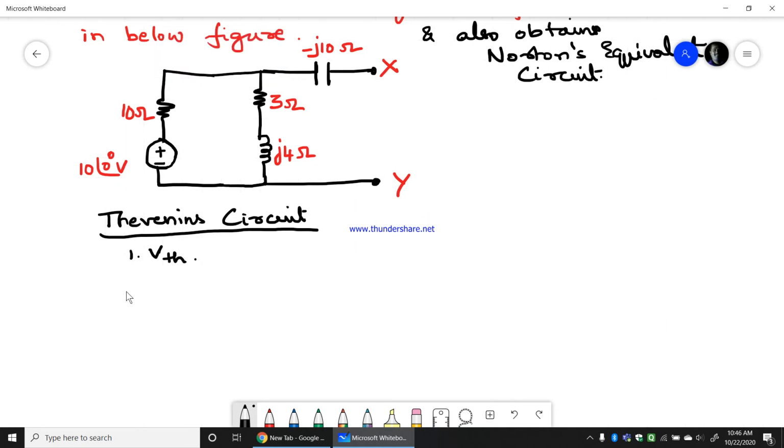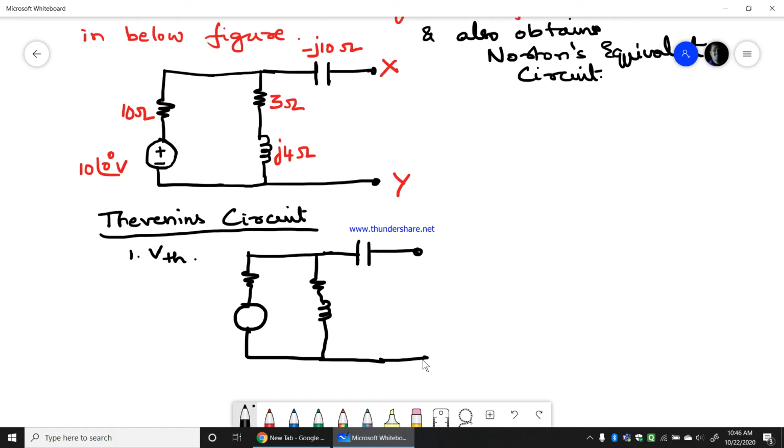So therefore I'll write a separate diagram here now for finding out VTH. Anyway, load is not given, so by default that load terminal is open. X and Y is the load terminal, what you can see here. So this is x and y.